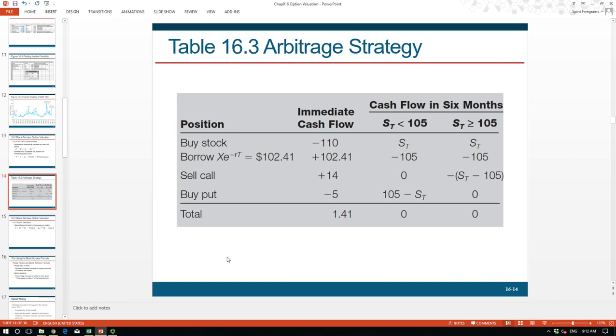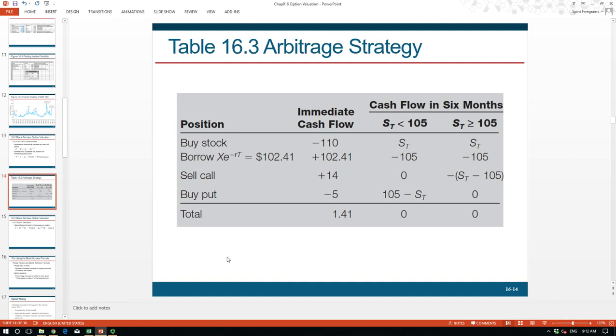But once more and more people get involved, the call option price will decline, the put option price will increase, and the stock price will also increase because so many people are buying stocks, and the price will change to a point that the arbitrage opportunity will disappear.